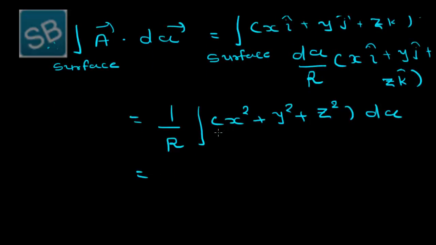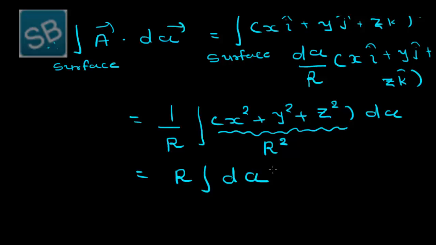Now see, this is the actual value of r square, because r is equal to x i cap plus y j cap plus z k cap. So can I take r square also outside of the integration? So 1 r will cancel, and only in the numerator there is a value of r, and that is r integration dA.